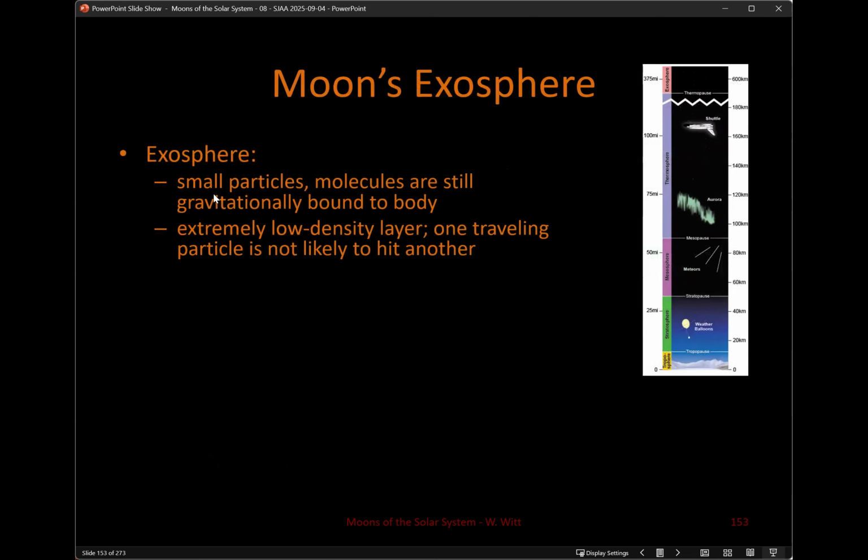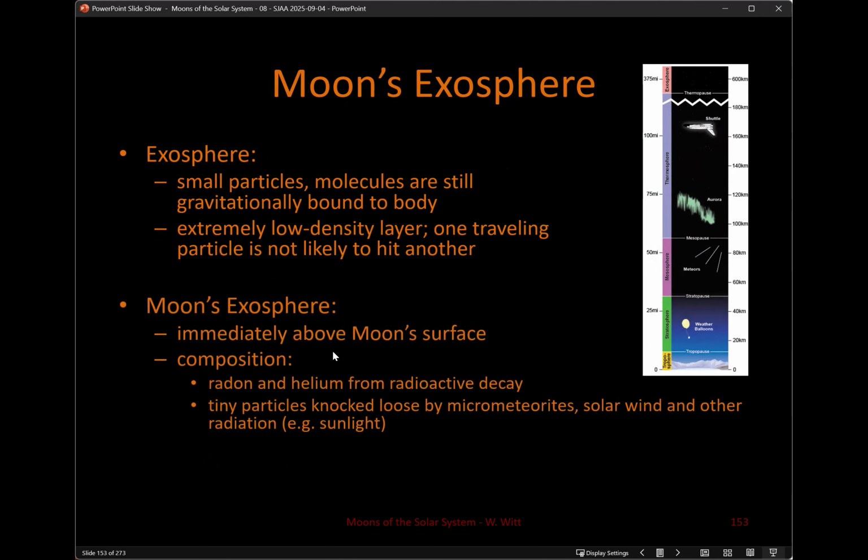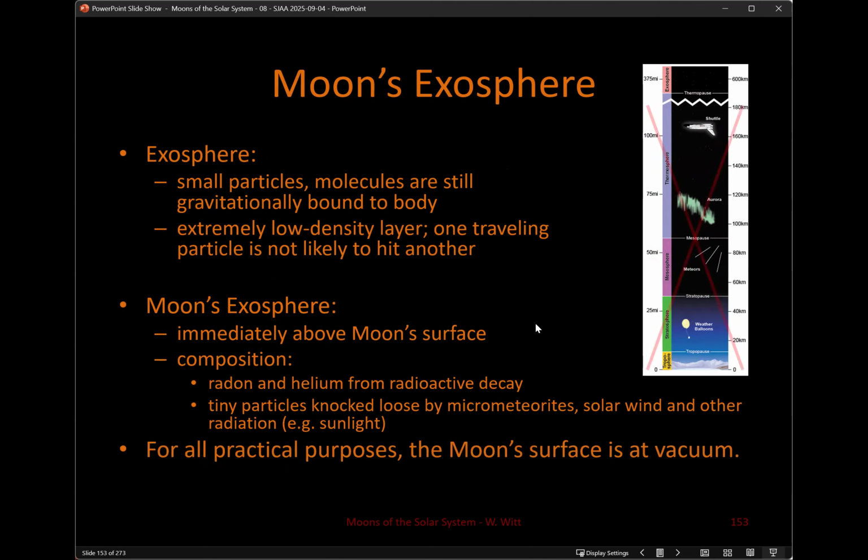So an exosphere is essentially a place where you have small particles. These particles, like molecules, are still gravitationally bound to the body, like to the moon or the Earth, if you look at the Earth example. But the density of stuff is so low that a particle is going to be zipping around and it's not really going to hit anything else, right? It's a super low density environment. And so the moon's exosphere is essentially immediately above the moon's surface, right?